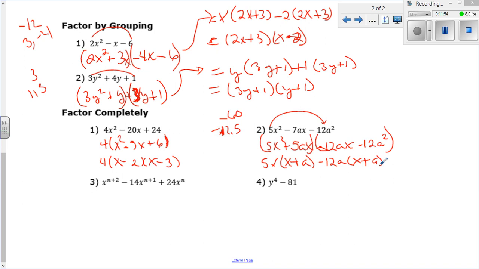Now they both have an x plus a in common, and I'm left with 5x minus 12a.